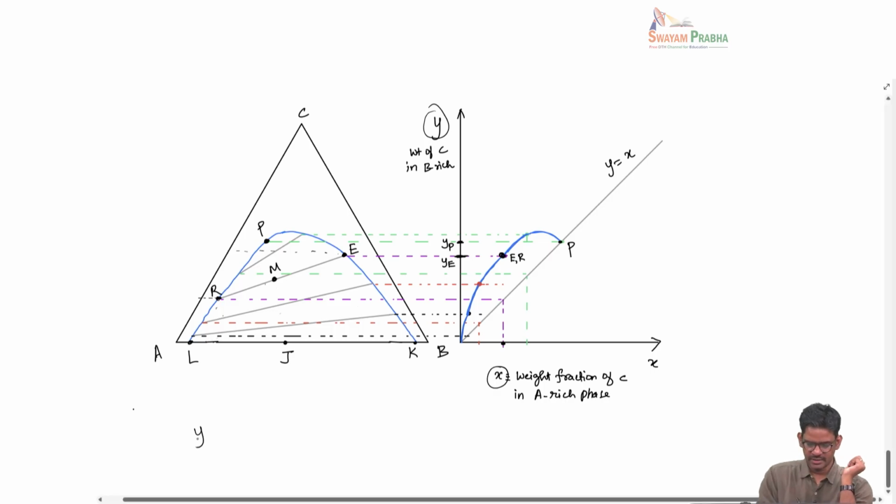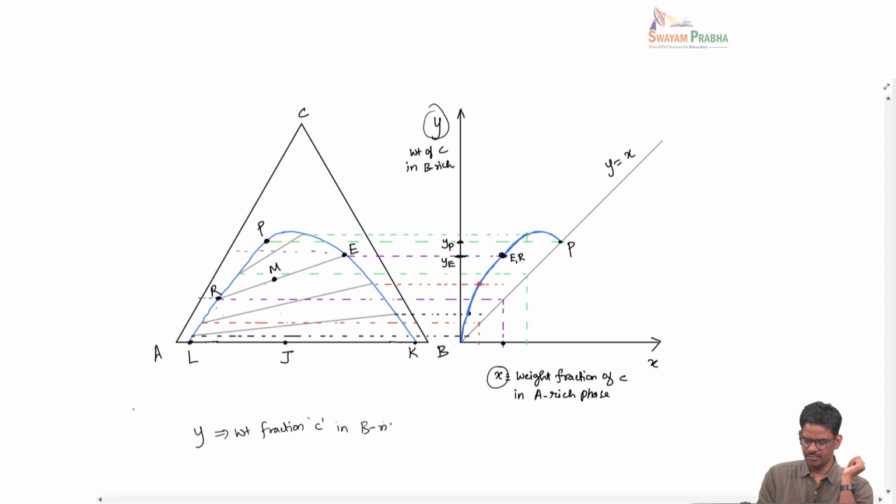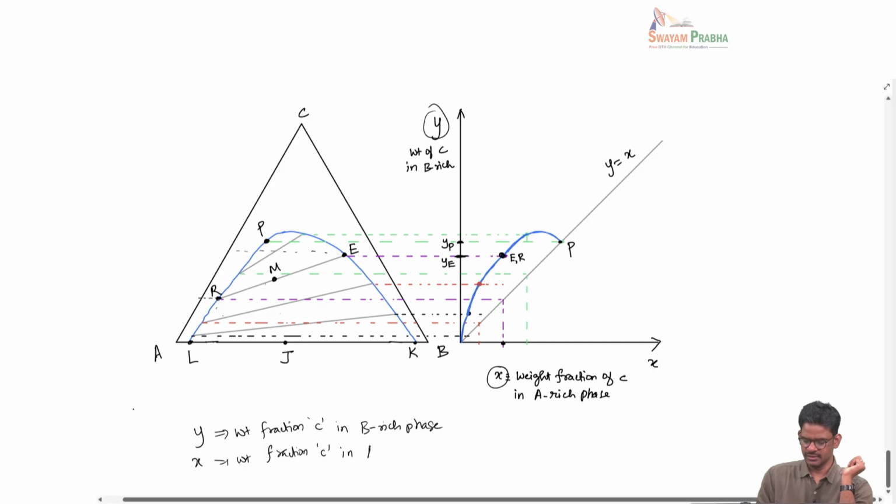So, Y here is the weight fraction of C in B rich phase, and X is the weight fraction of C in A rich phase.